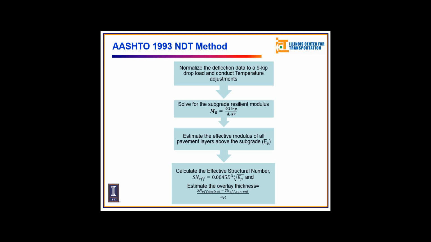But if we follow this procedure, one should keep in mind that effective structural number doesn't always necessarily portray the existing structural layer moduli values, because one structure with a low structural number can also have higher layer moduli. On the other hand, a higher structural number can also have lower structural layer moduli values.